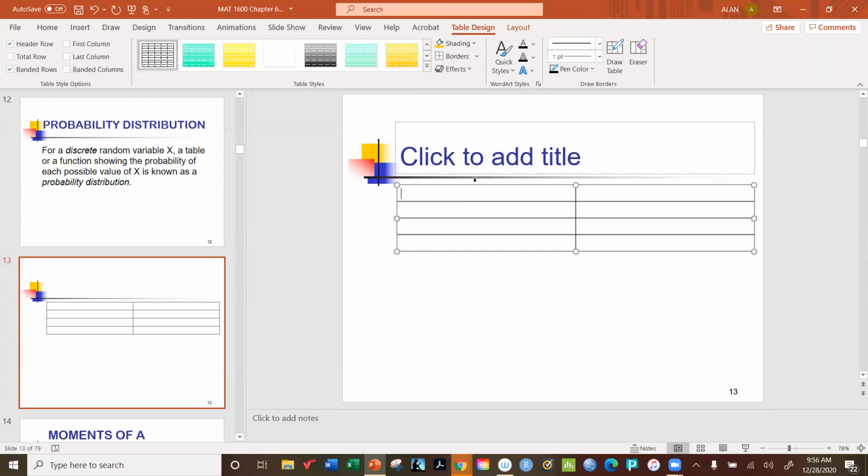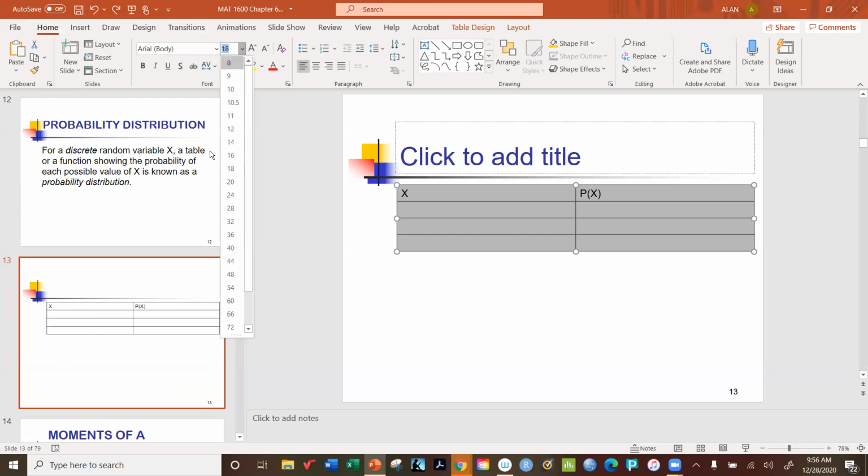Like this one. Okay. All right, so here's X. Here's the probability of X. Okay. Now, what exactly is going on here in this chart? What I want to do is summarize all the possible values of X in one convenient chart, and then the corresponding probabilities.